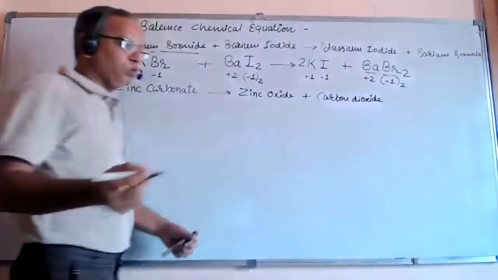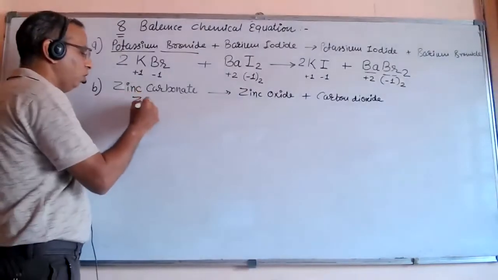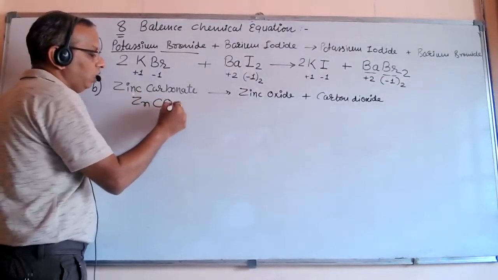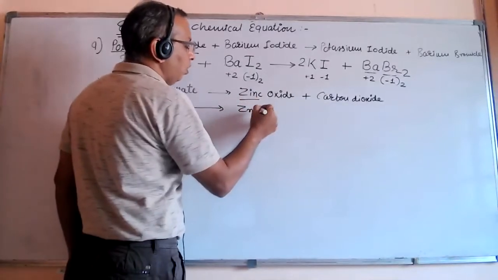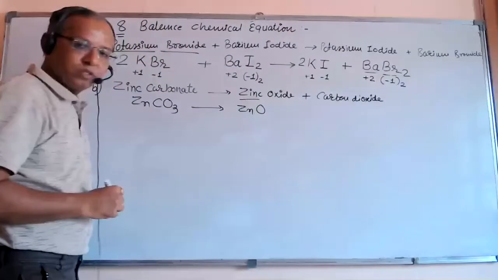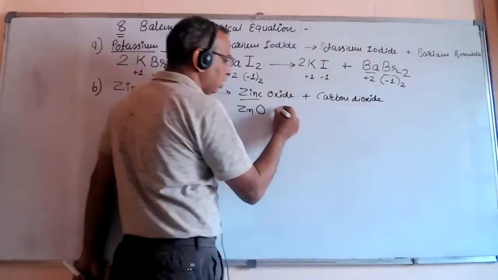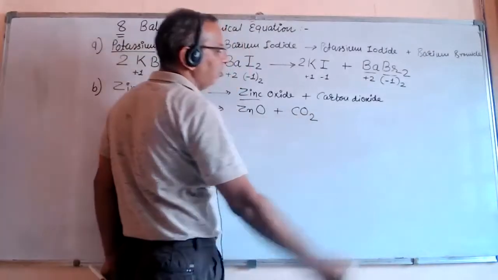Here it's so simple. Zinc symbol Zn, carbonate CO3. Right side zinc symbol Zn, oxide symbol O, carbon dioxide, you know very well friends, CO2.